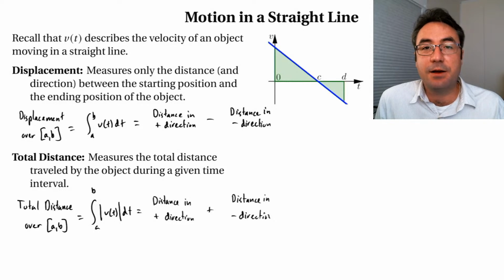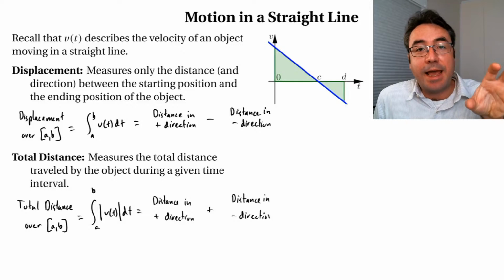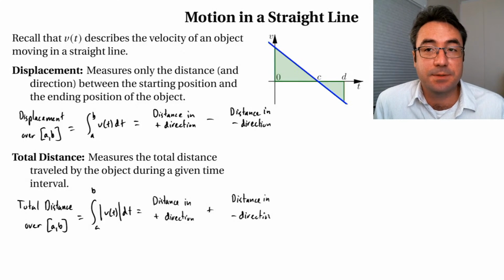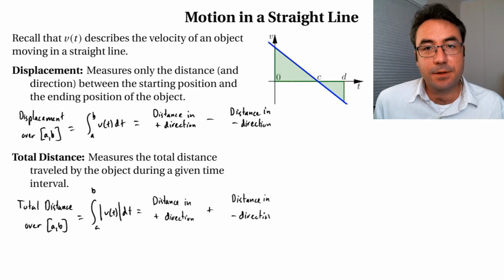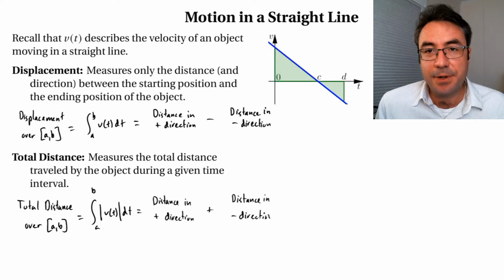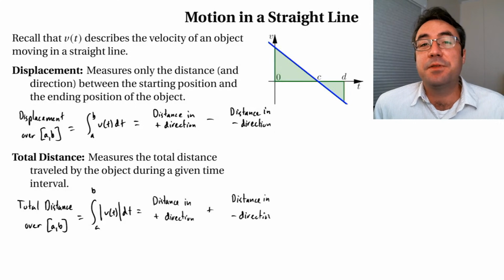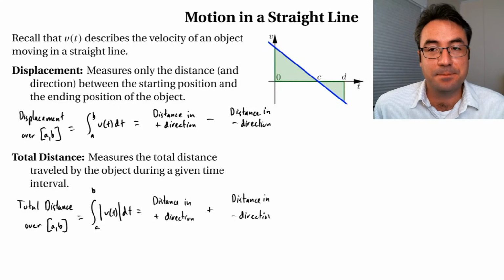We're only interested in how far we travel, so we just add those two distances together to get the total distance. And the setup here might start looking familiar if we think back to our area problem.